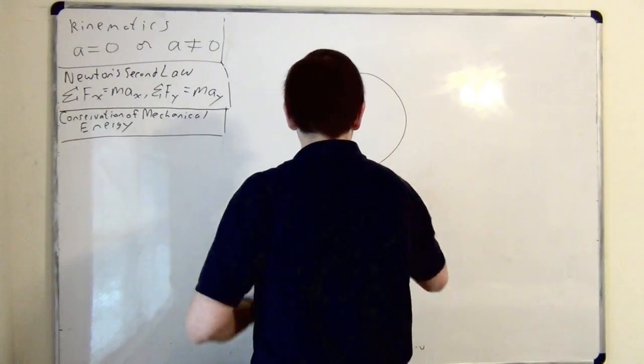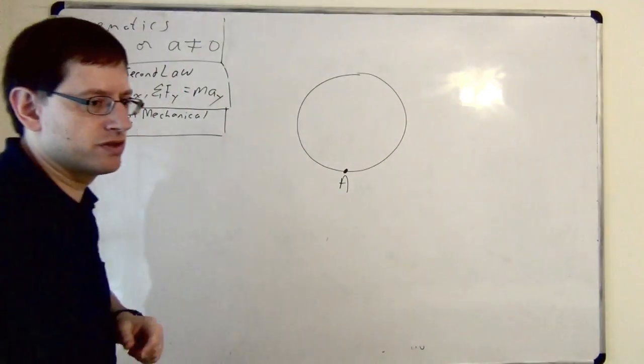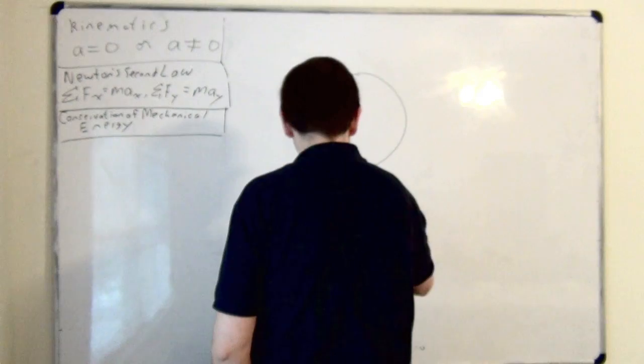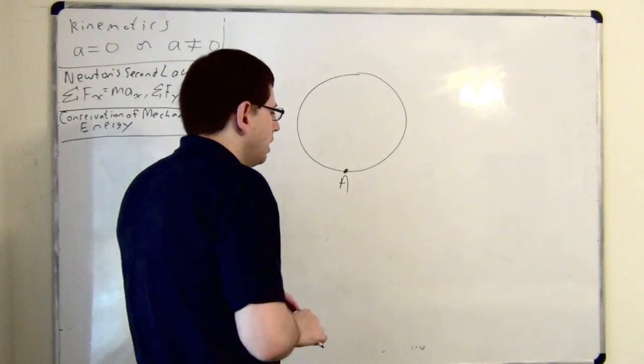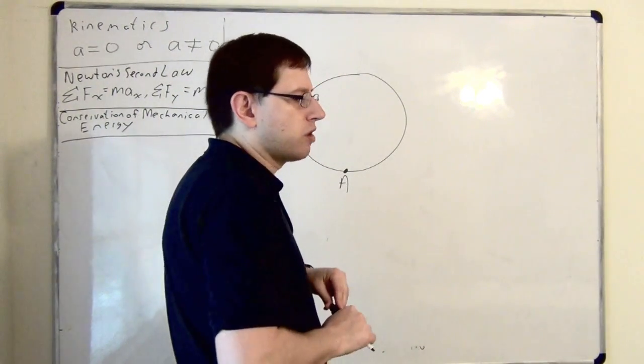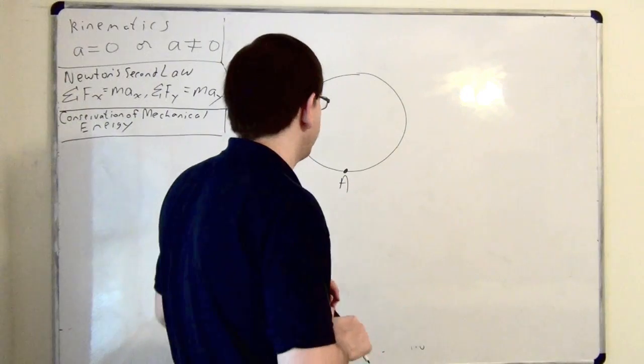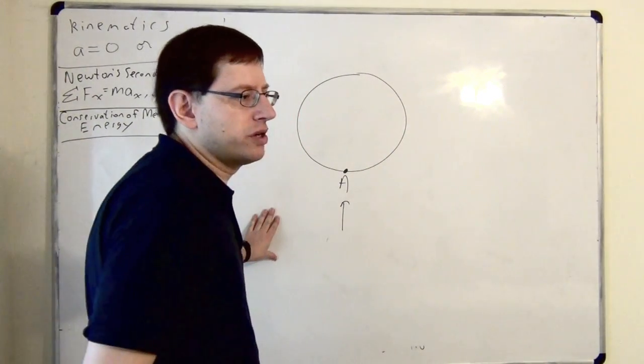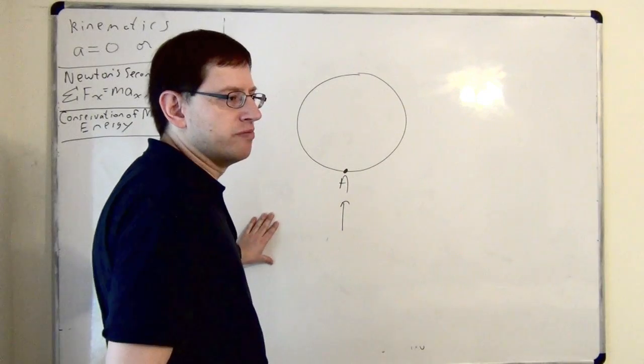So let's look here at point A, that's at the bottom of this circle. Now, you always want to draw one axis that's pointing towards the center of the circle. And you always want to draw one axis that's in the direction of motion.